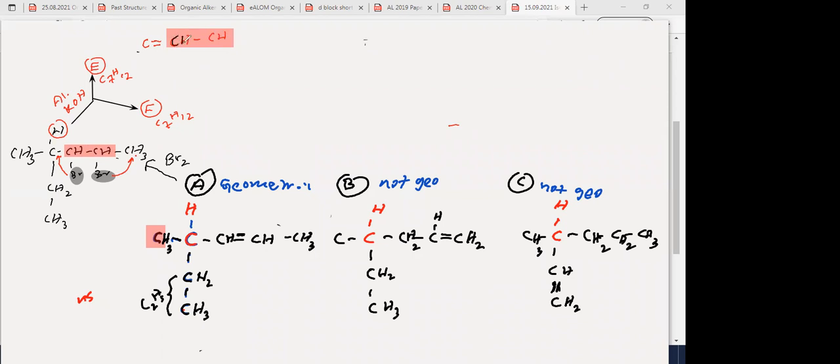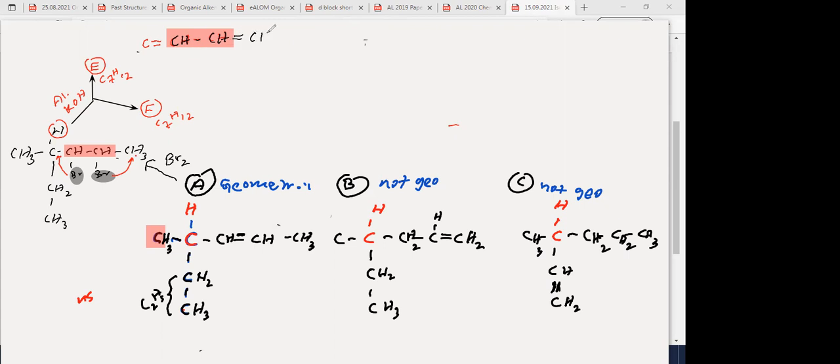Here no change. These two no change, because that hydrogen is retained. Bromine goes with the adjoining carbon's hydrogen, to form HBr. Adjoining carbon means the right side one and the left side one. Then a double bond is formed here.